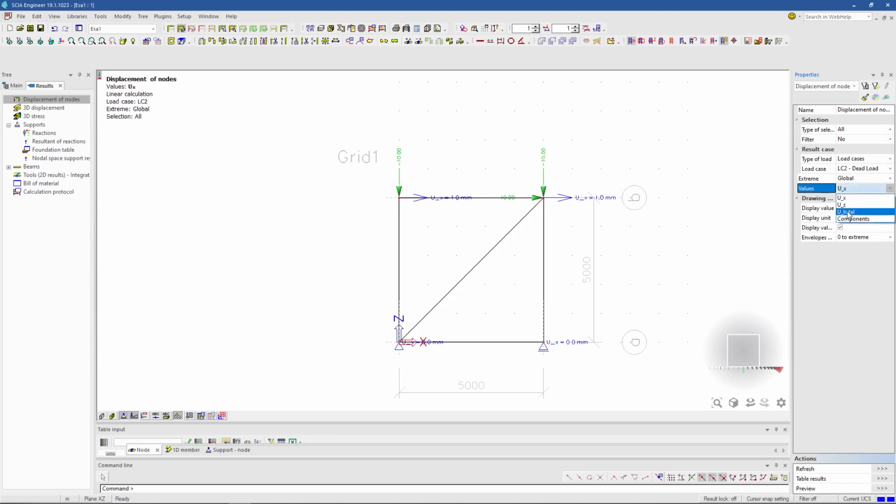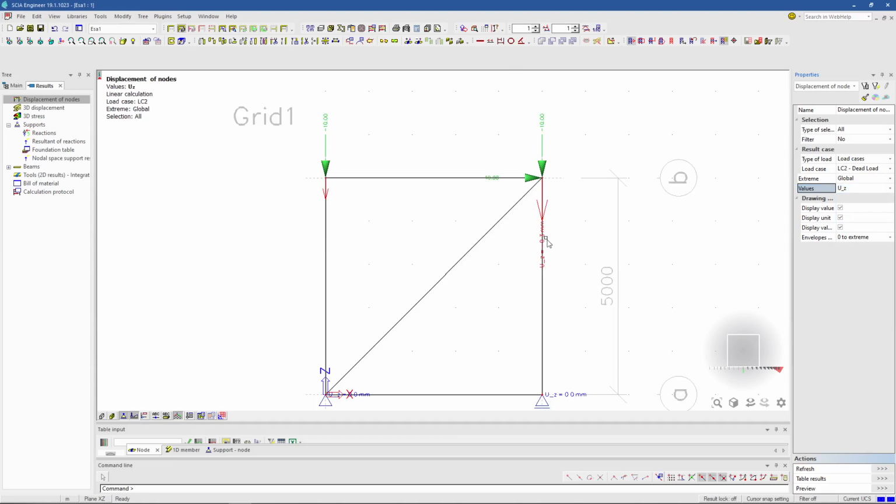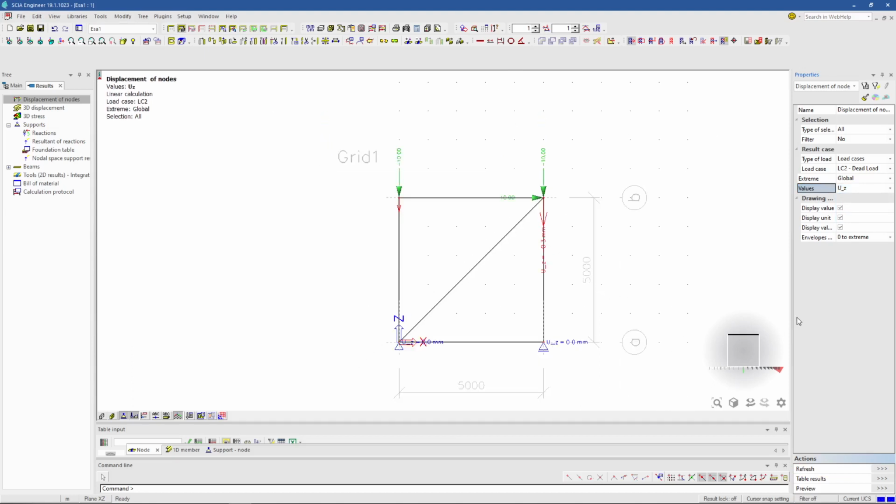Then in the Z direction, 0.03 millimeters. That is almost negligible.